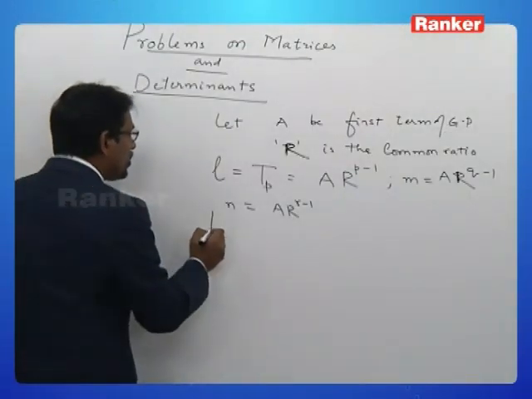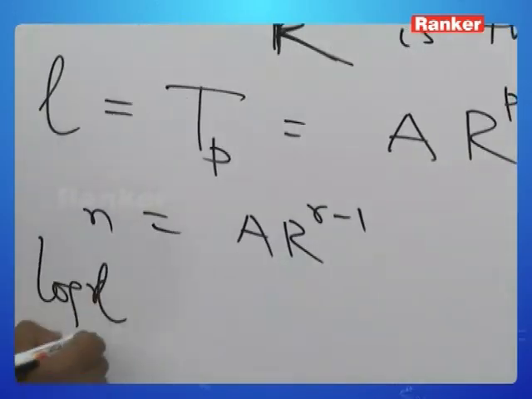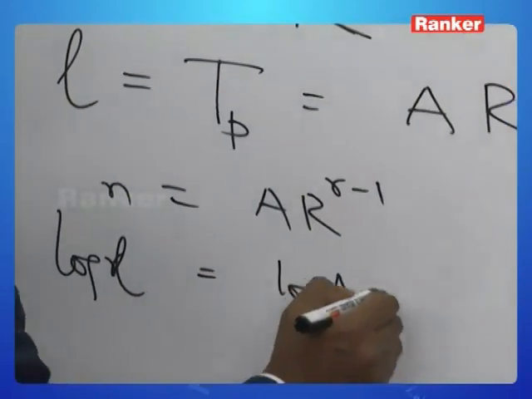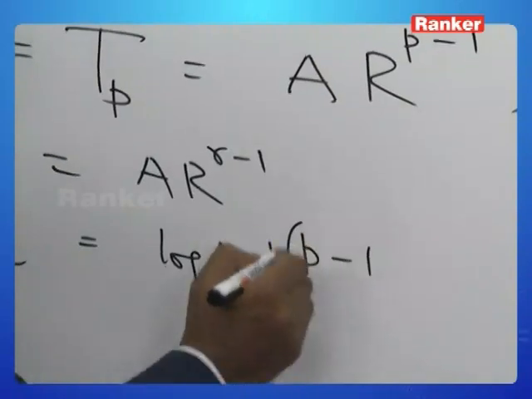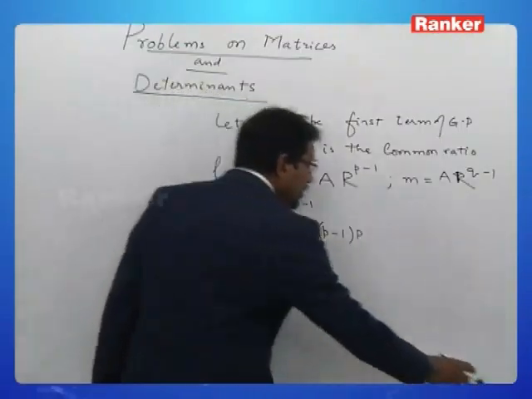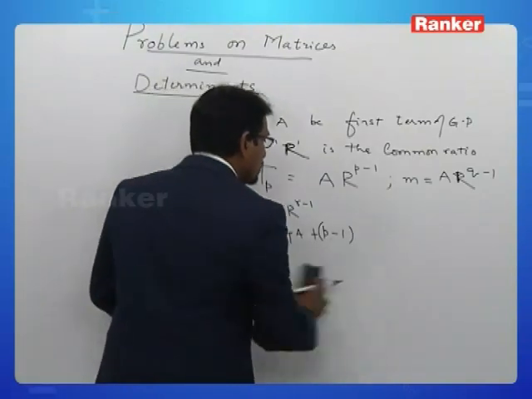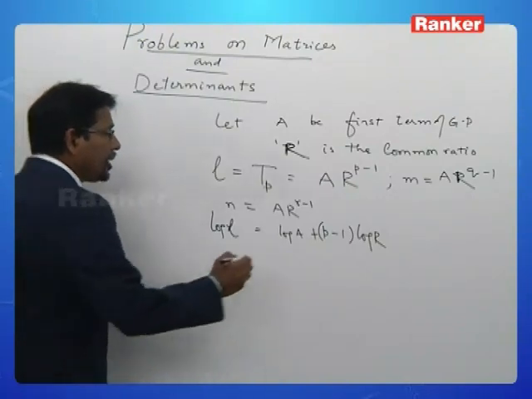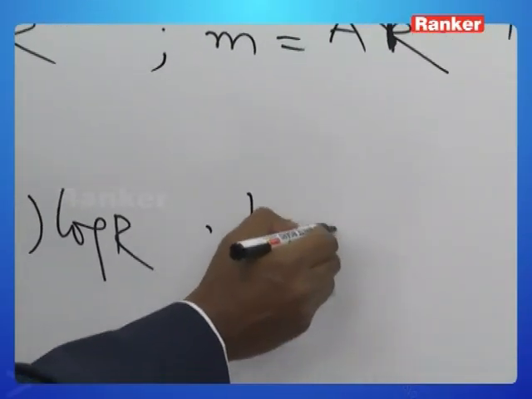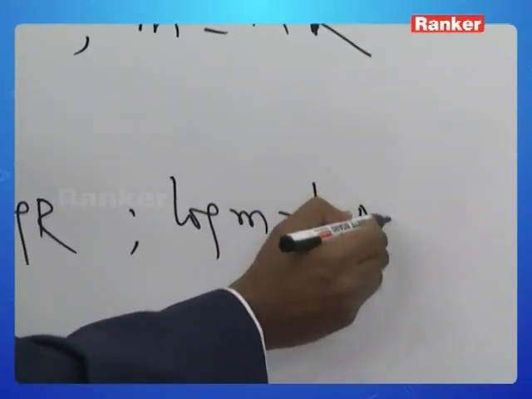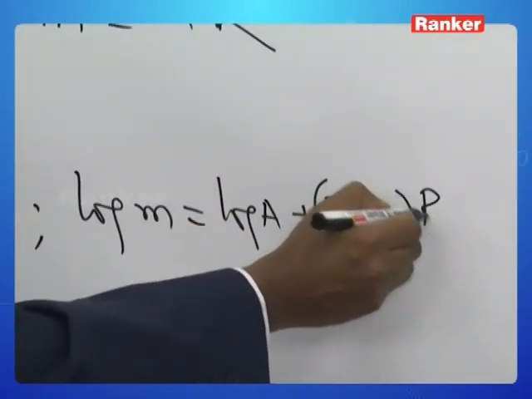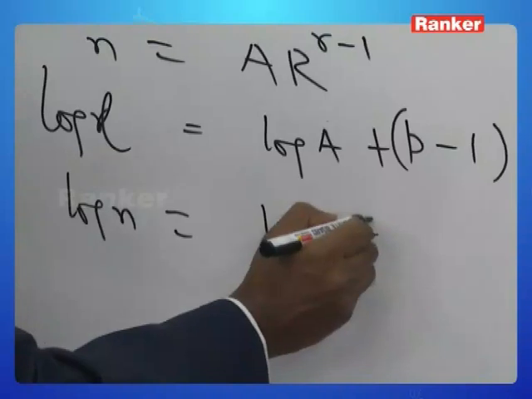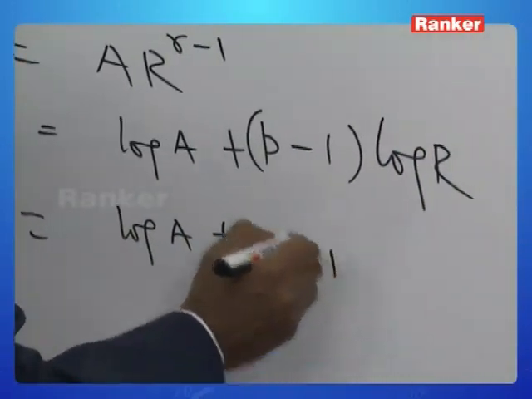So when I go for the logarithm, log L will be log A plus p minus 1 into log R. Similarly, log M will be log A plus q minus 1 into log R, and log N is equal to log A plus r minus 1 into log R.